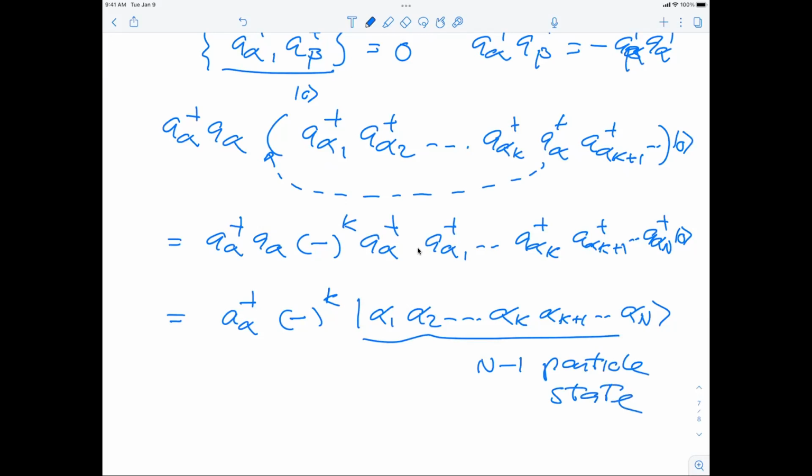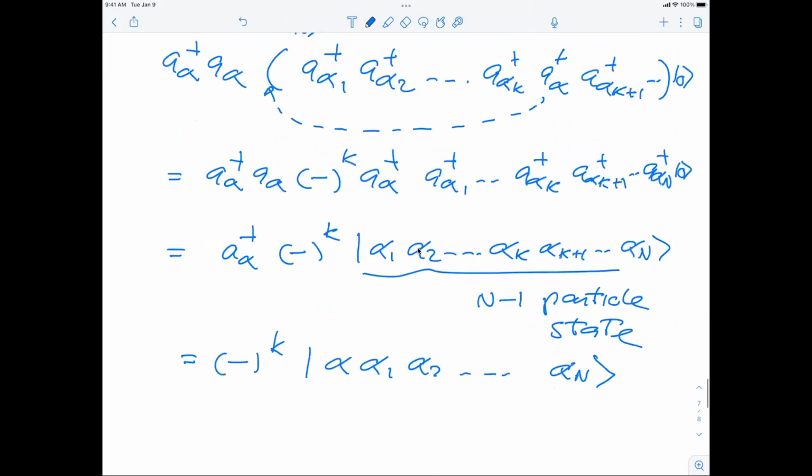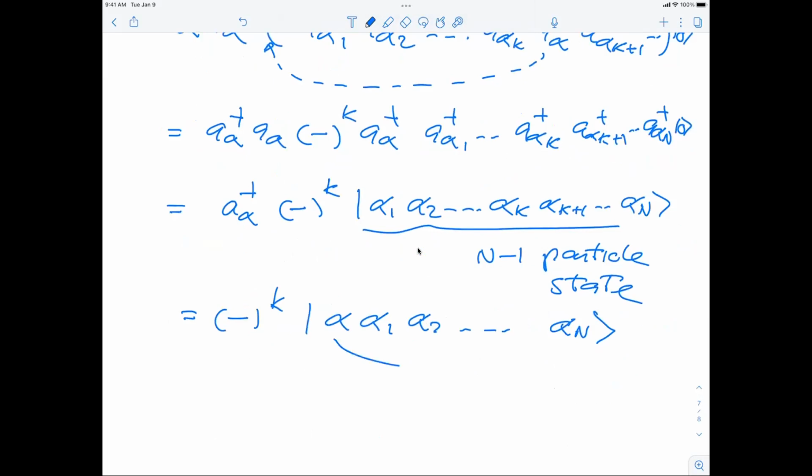So now this slot is gone, alpha, so that means I can create a particle in alpha. And if I do that, then what I get now is (-1)^k, and then I have alpha_1, alpha_2, up to alpha_N here. But then I want this alpha back in the slot where it was.